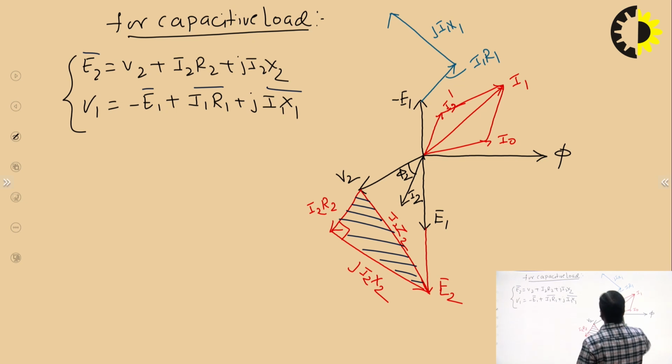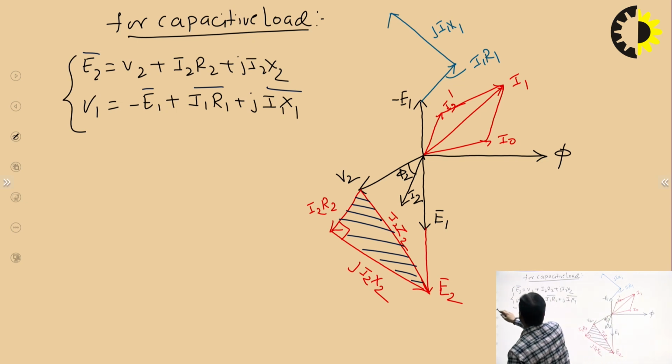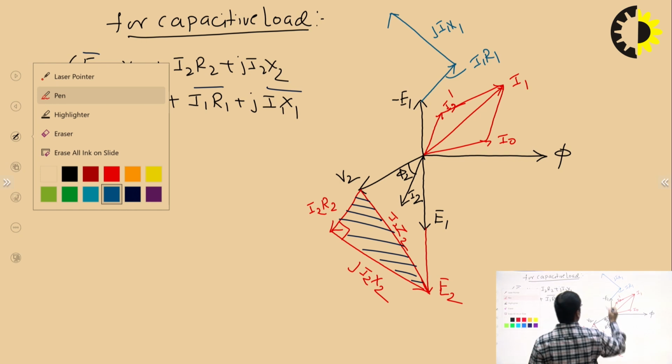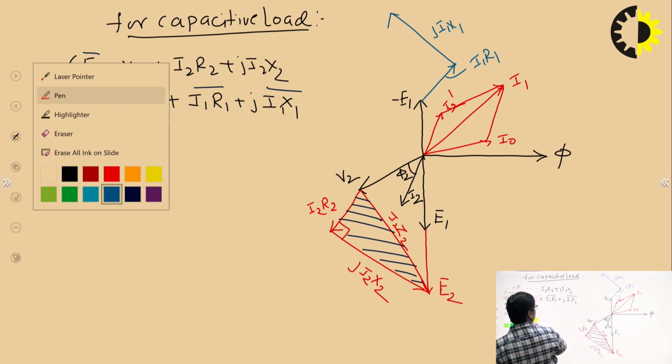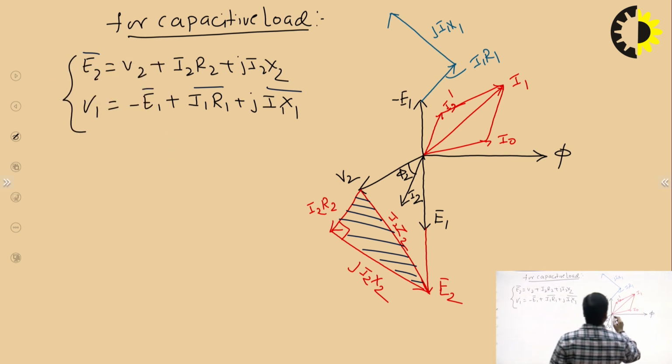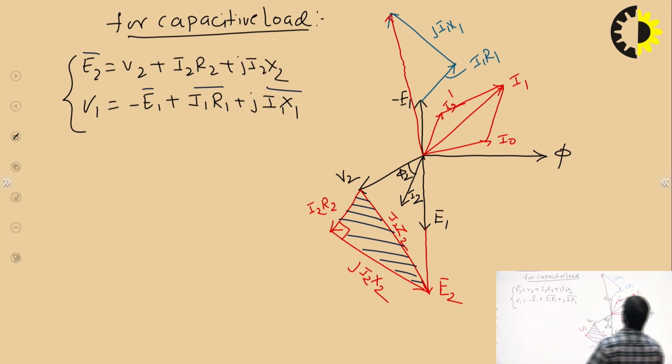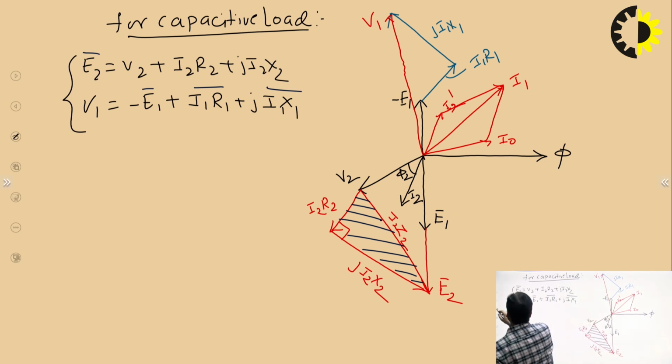And if we connect from here to this, we will get the required V1. The straight line is not there, but it is V1.